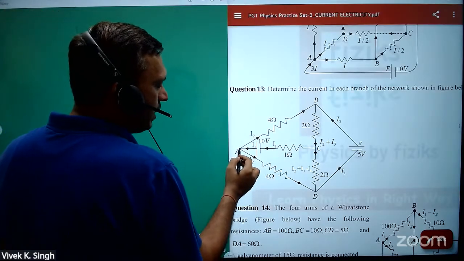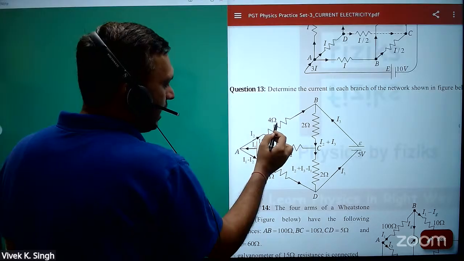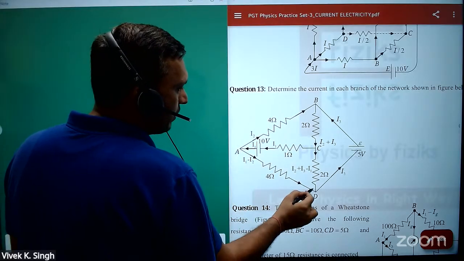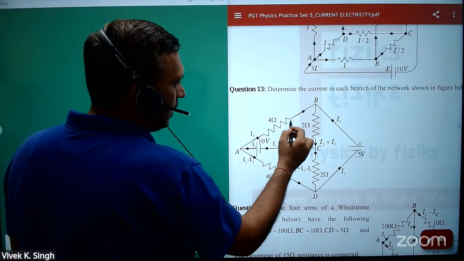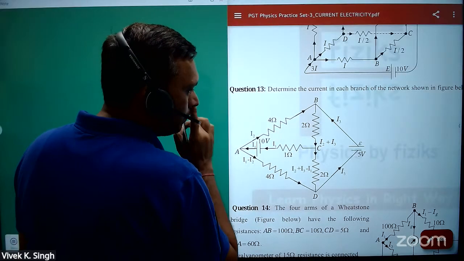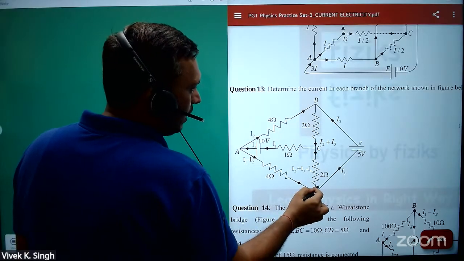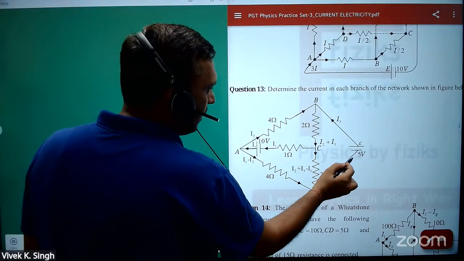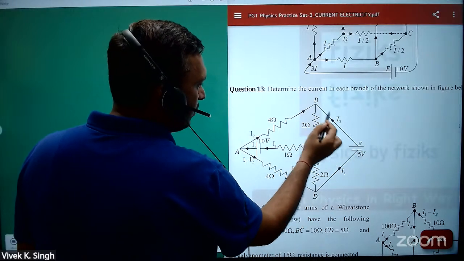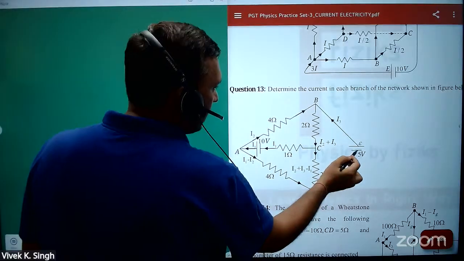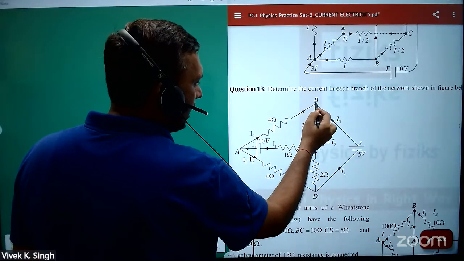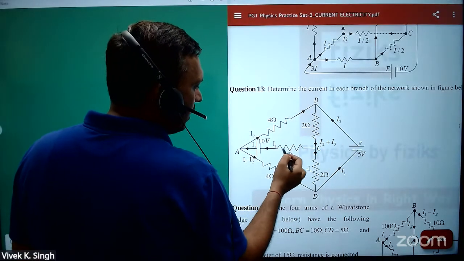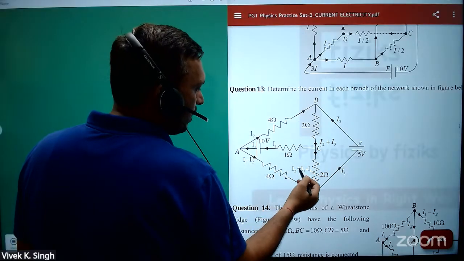Then I have taken this current to be I2, so this will be I1 minus I2. So this is I2. And let's say this current is I3. So the current here is I3. This will be I2, so this is I2 plus I3. This will be I1, so this is I2 plus I3 minus I1.